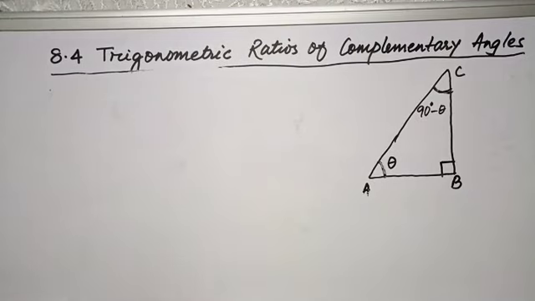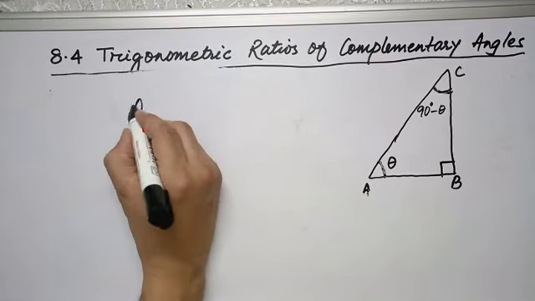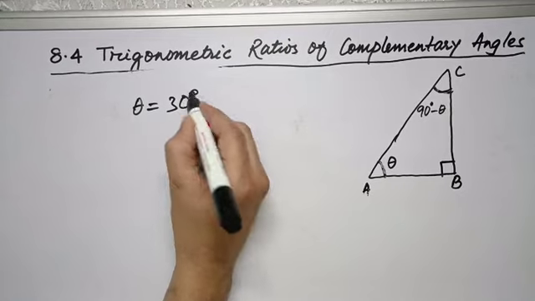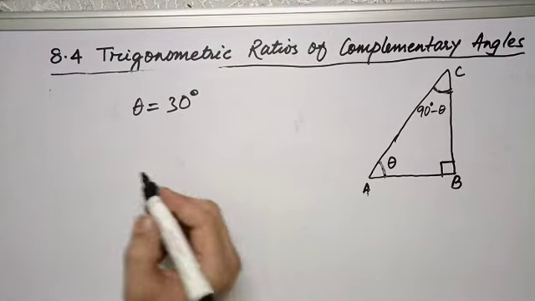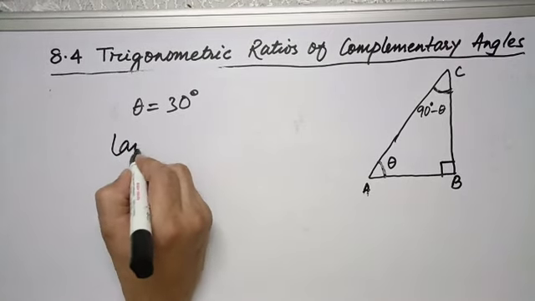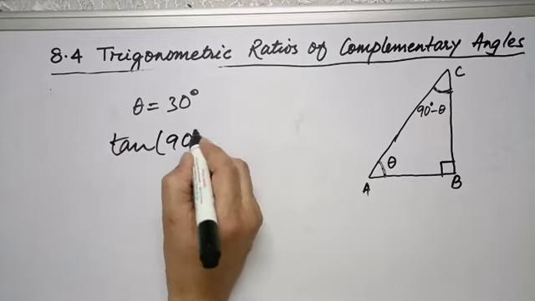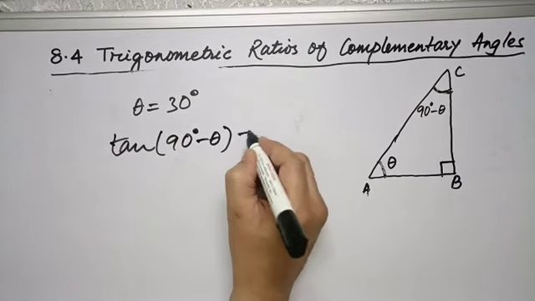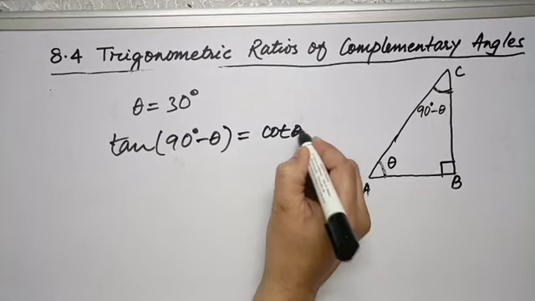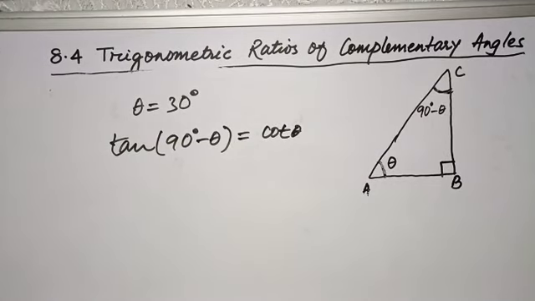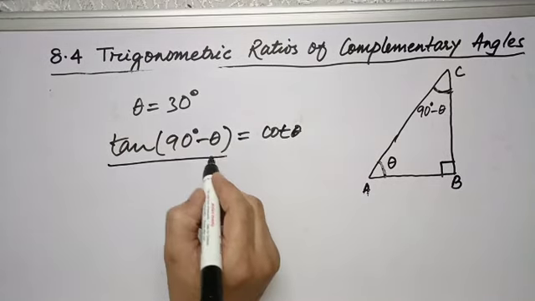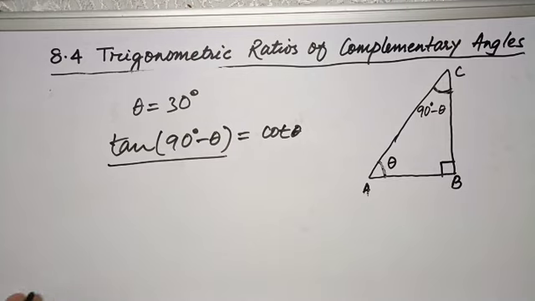Now let me check some more values, like let theta be 30 degree, and let me check the value of tan. Tan (90 degree minus theta) is going to give me cot theta, as we have learned just now. Now let me put theta as 30 and check whether the right hand side and left hand side are the same or not.